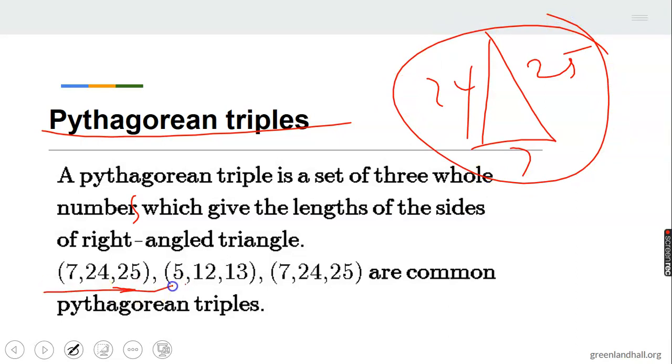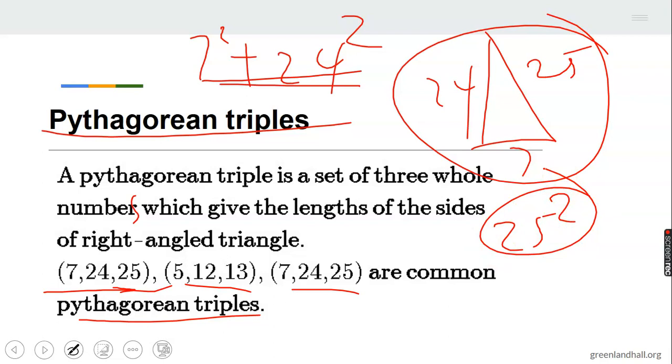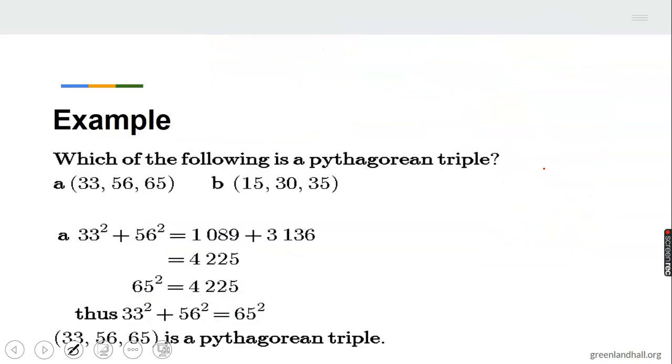Now these are common examples of Pythagoras triples. How do you know they are Pythagoras triples? When you square 7 plus 24 square, their sum must give you the square of 25. If that is established, that means they are Pythagoras triples.